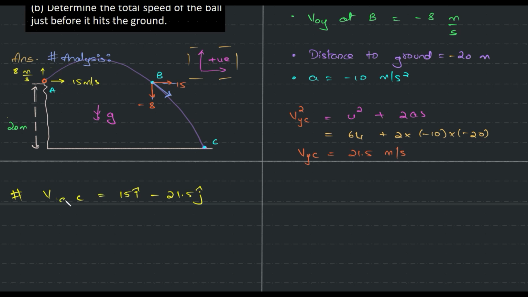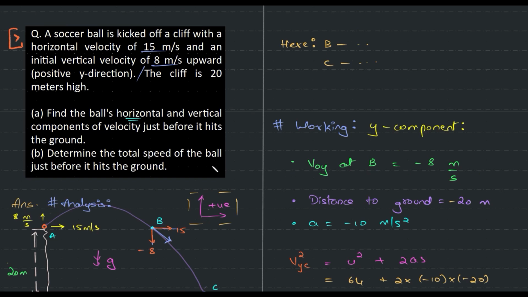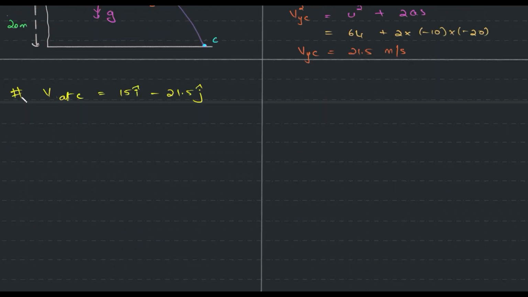And that's that. Next is, determine the total speed of the ball just before it hits the ground. Okay, actually the horizontal and vertical components part was not needed, anyways, I wrote it.